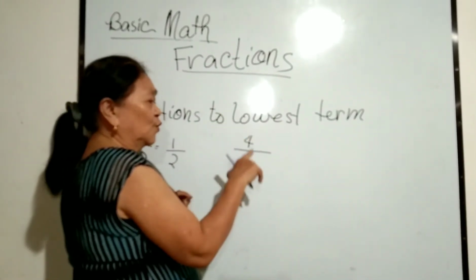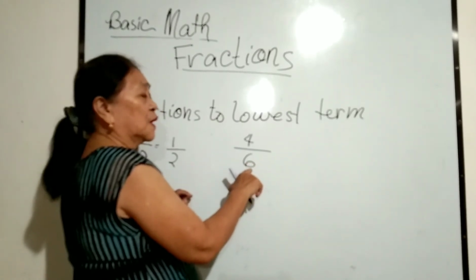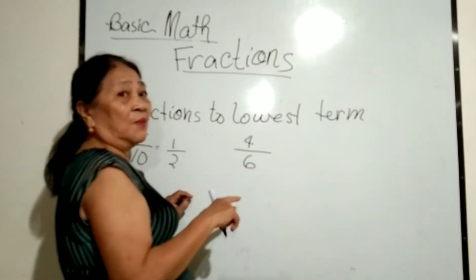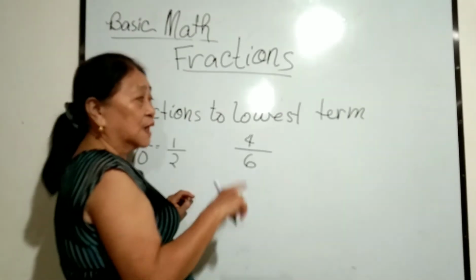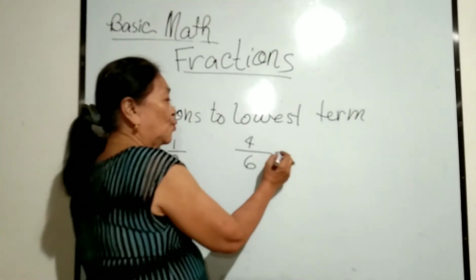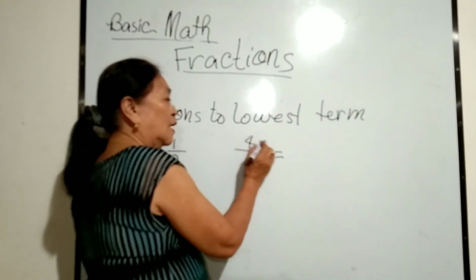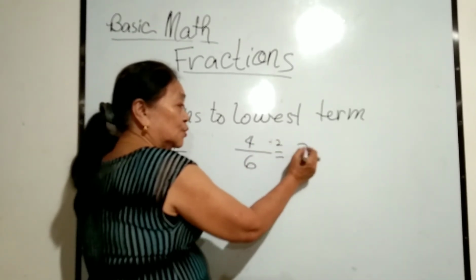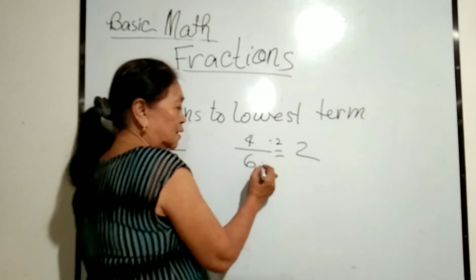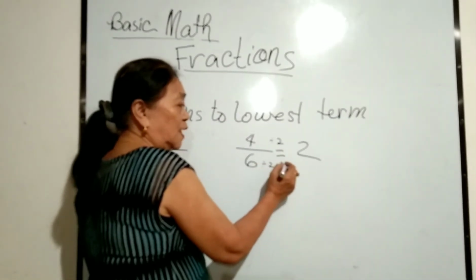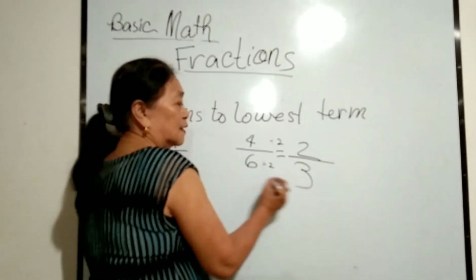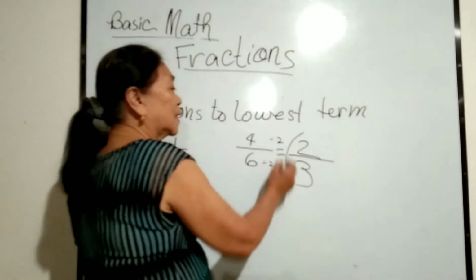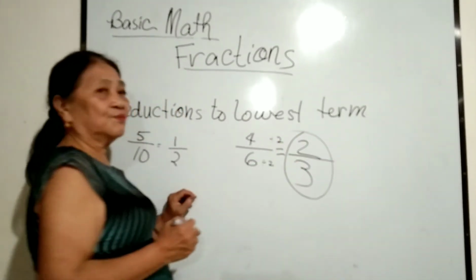If you're going to think of 3, this is divisible by 3, but this one cannot be divided by 3. So, it's 2. So, 4 divided by 2 is 2. 6 divided by 2 is 3. So, this one is the lowest term.